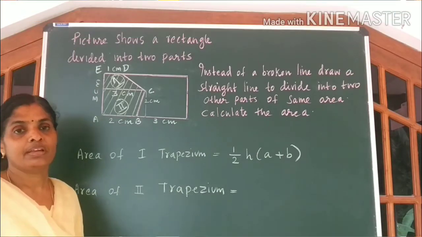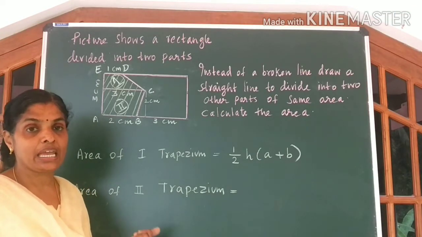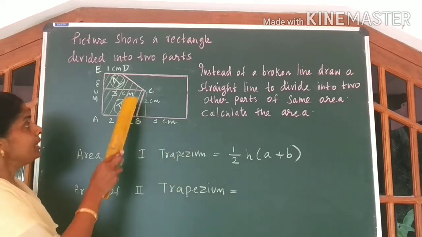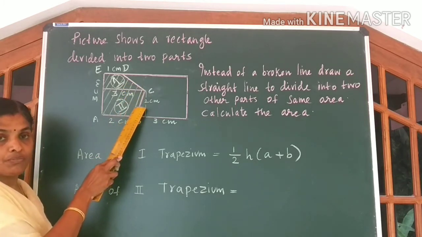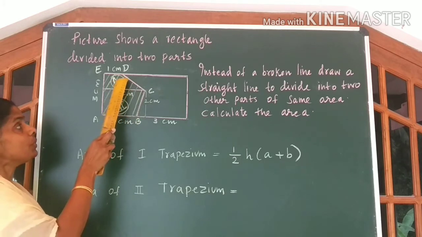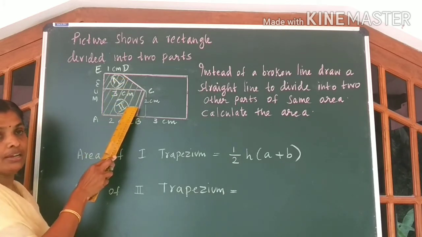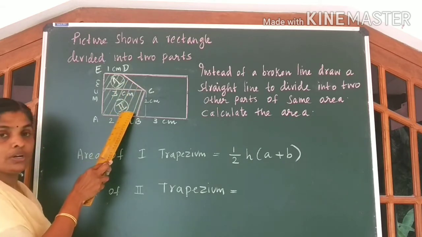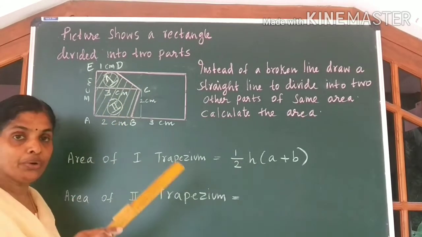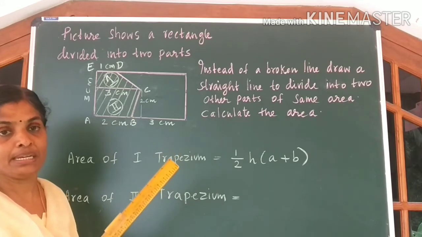Okay. I will explain the second part of the question. Now to find the area of the shaded part, we can divide it into two trapeziums. This portion is a trapezium and this portion is also a trapezium. You know the meaning of a trapezium, isn't it?